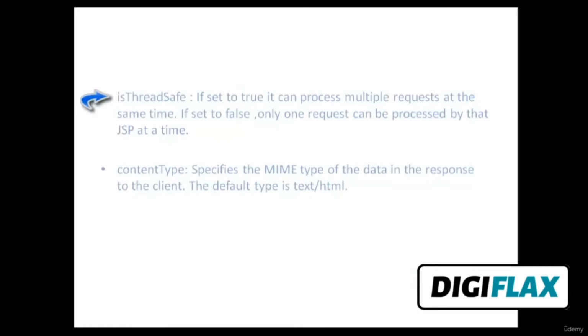If it is set to true, then the JSP page can process multiple requests at the same time. If it is set to false, then only one request can be processed by that JSP at a time. ContentType attribute. It specifies the MIME type of the data in the response to the client. The default type is text/html.